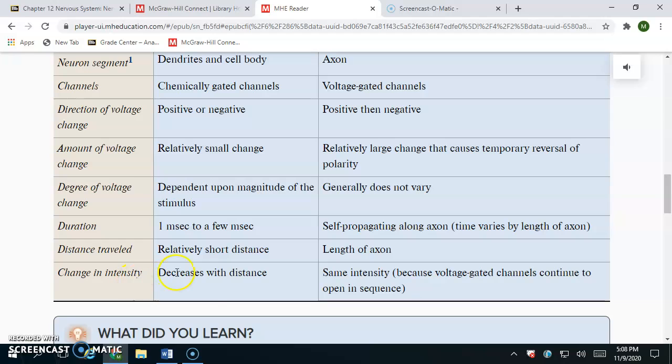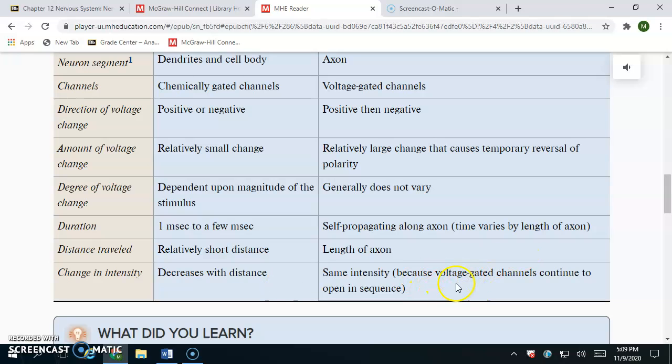And then the change in intensity. This is where the graded part comes in for graded potentials. Where the sodium or whatever ion is changing the membrane potential, if sodium's coming in, then that flow of sodium will change as far as how far it will flow across that dendrite and cell body. So the intensity of that sodium flowing will decrease.